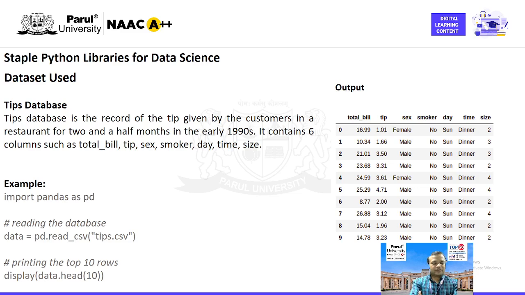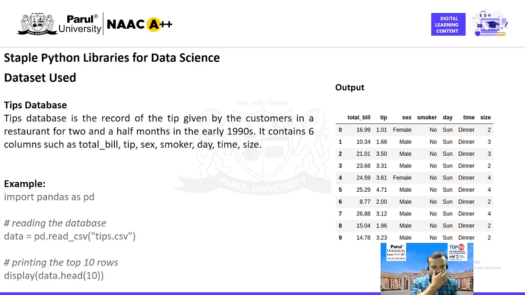For example, if you want to know about the head of this dataset, you can use this method. Firstly, import the pandas library: import pandas as pd. Then read the dataset: data equals pd dot read underscore csv function on that particular dataset, which is stored in our PC.